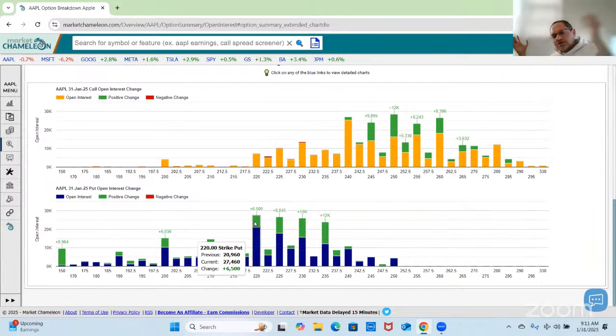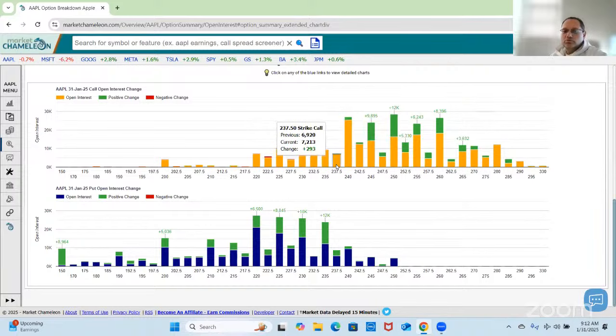So just coming in, based on this expiration, it looks like open interest was kind of split between out of the money puts and out of the money calls, based on the stock closing right here at 237.5.